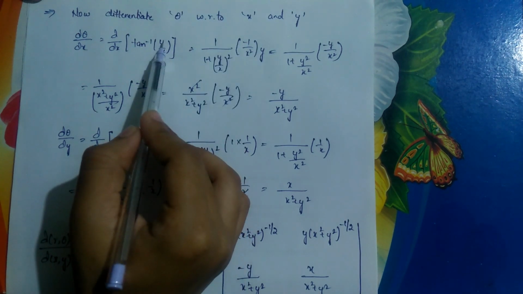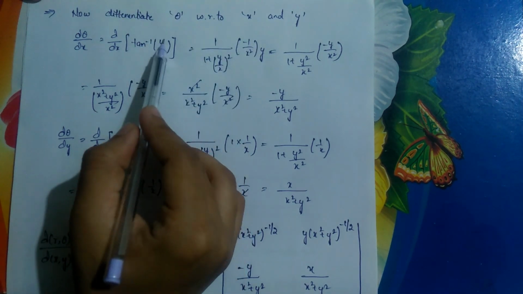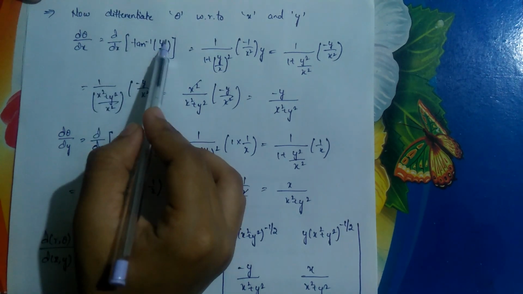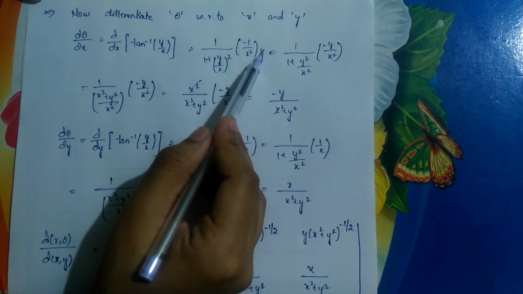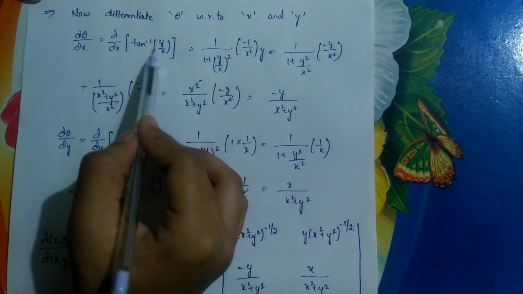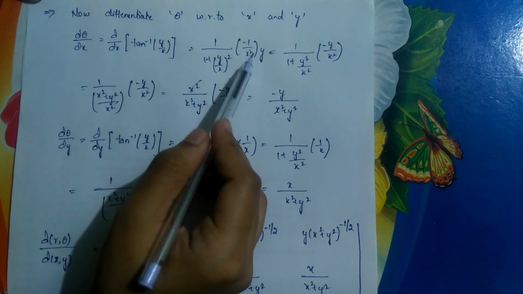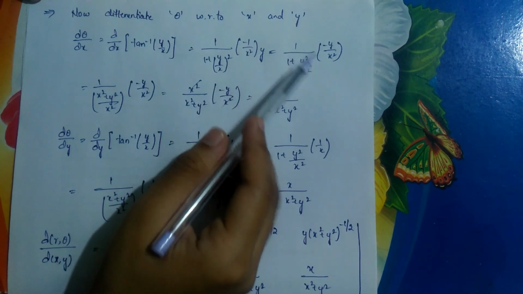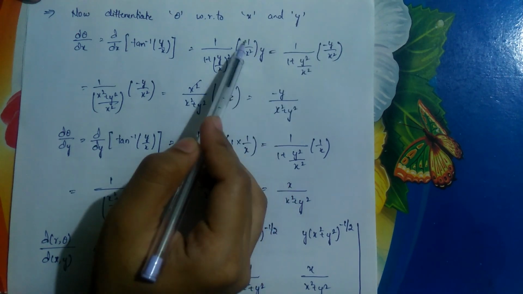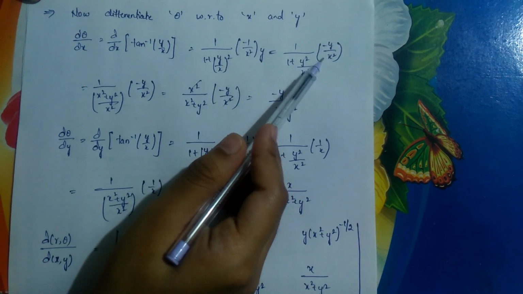So y by x differentiation, here we are differentiating with respect to x, so y is treated as constant. So write y as it is, and it is y of 1 by x. 1 by x differentiation is minus 1 by x square. Then that equals 1 by 1 plus y square by x square into minus y by x square.